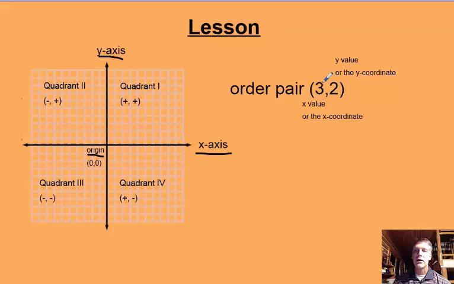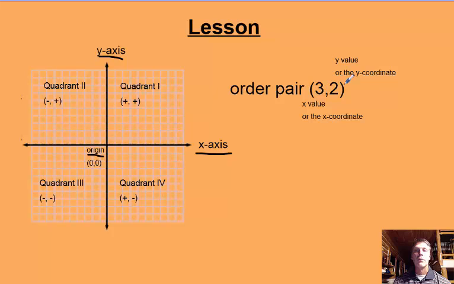Alright, let's look at an ordered pair. When I graph a point, I'm going to be given an x value and a y value. So if you see this first point, they're in alphabetical order. So just remember, x comes first, y comes second. So the 3 represents my x, or my x coordinate.